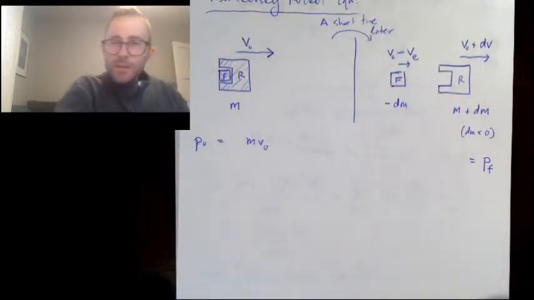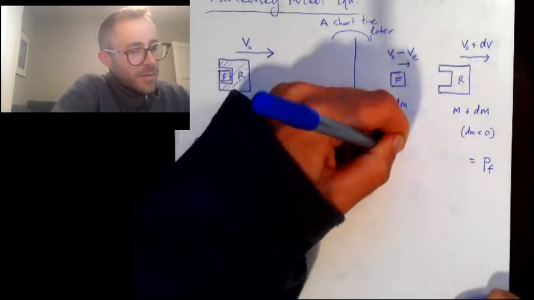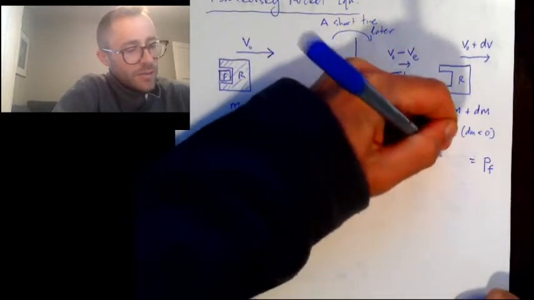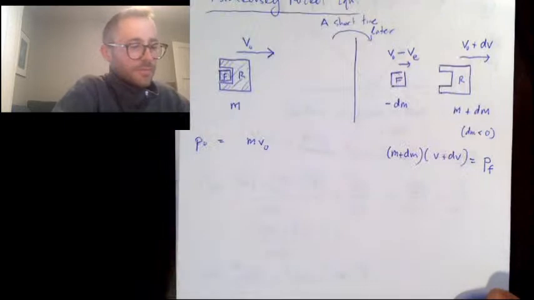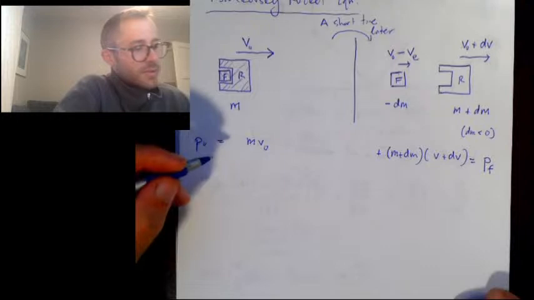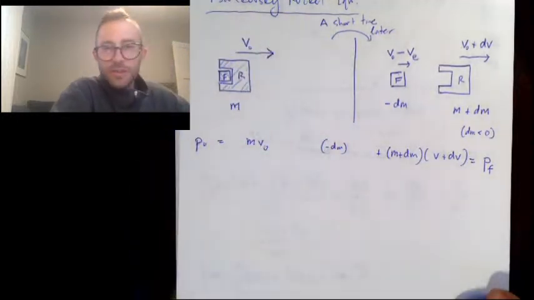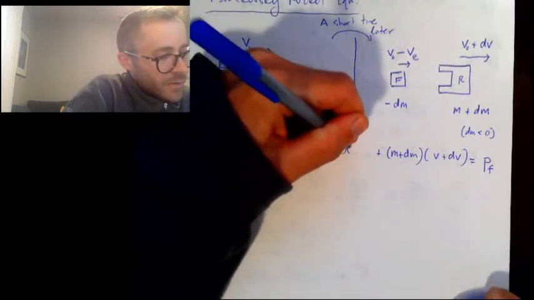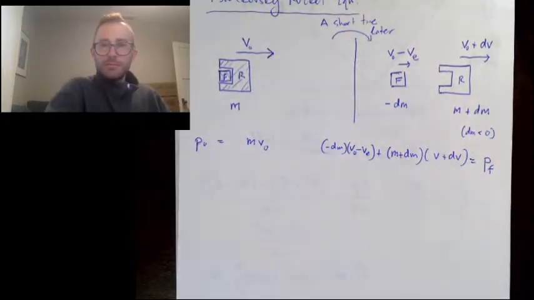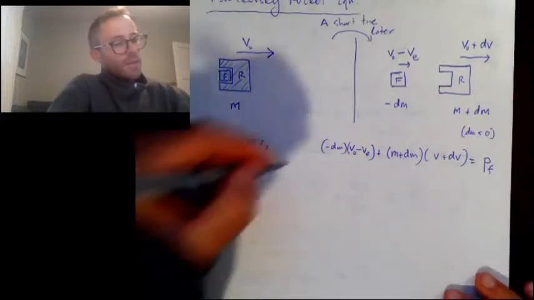For the rocket, its mass is m plus dm, and its velocity is v naught plus dv. For the exhaust, the mass is negative dm, and the velocity is v naught minus the exhaust velocity. So this is mv plus mv, and momentum is conserved.